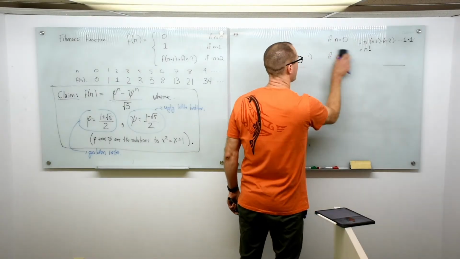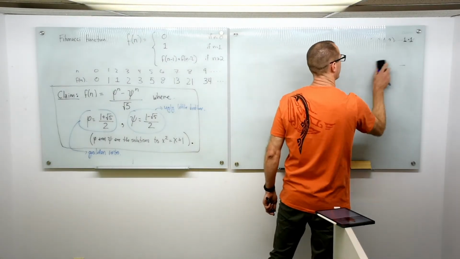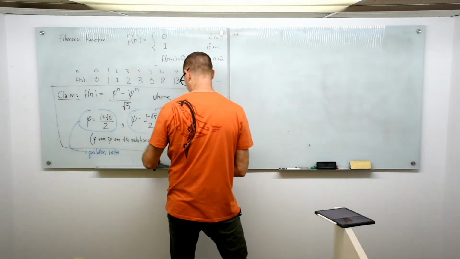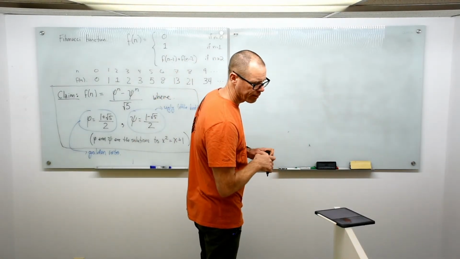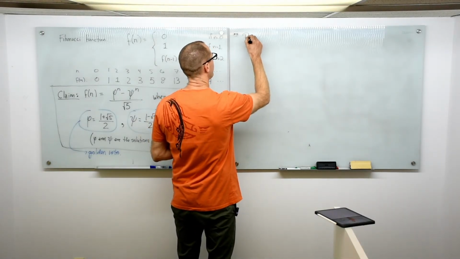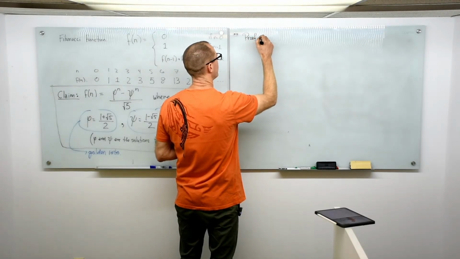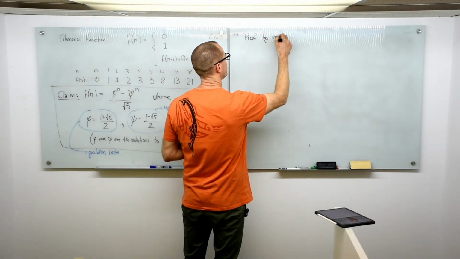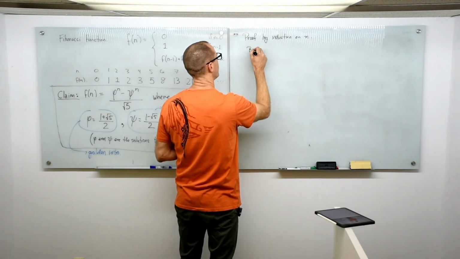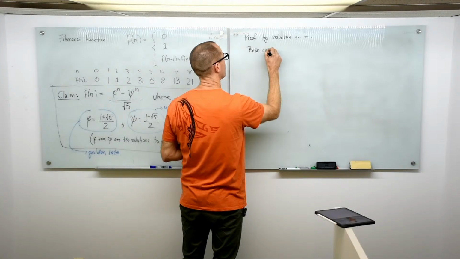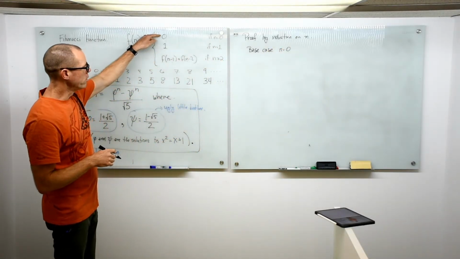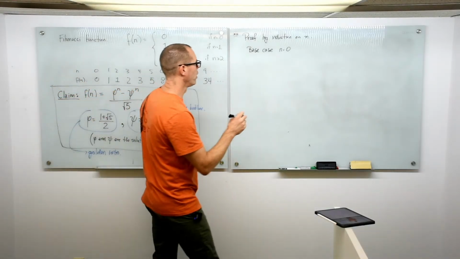So let's prove this claim by induction. Proof by induction on n. So we have a couple of base cases. We have the base case n equals 0 that we need to do, and we're going to do it the same way we did before.